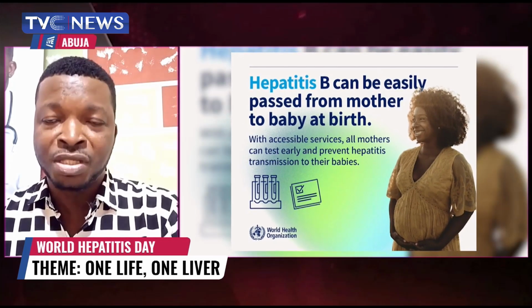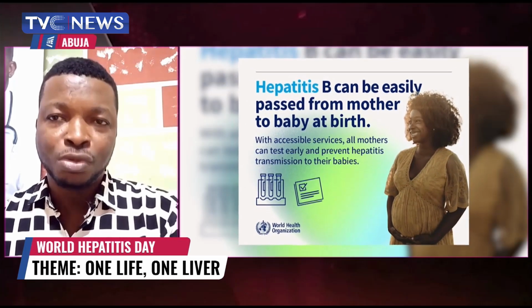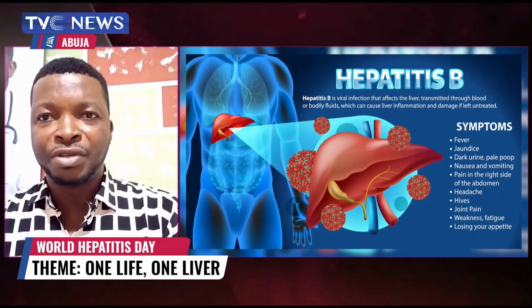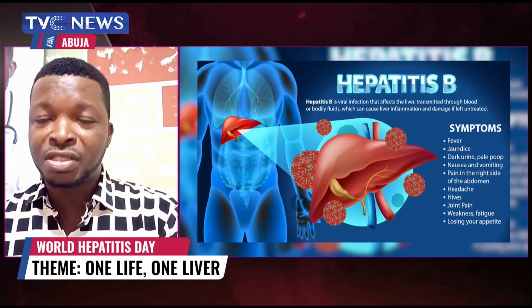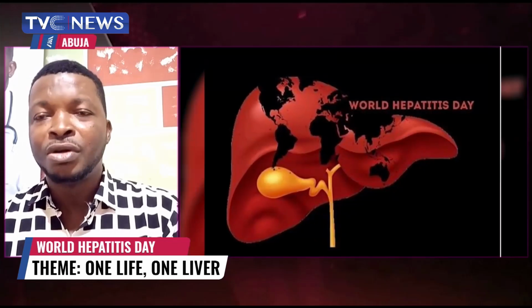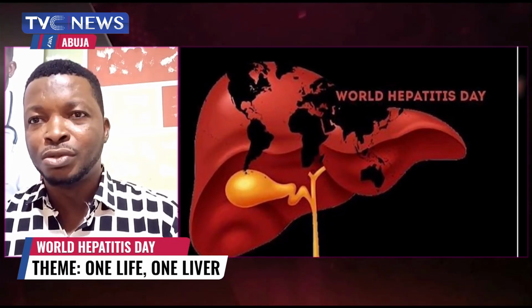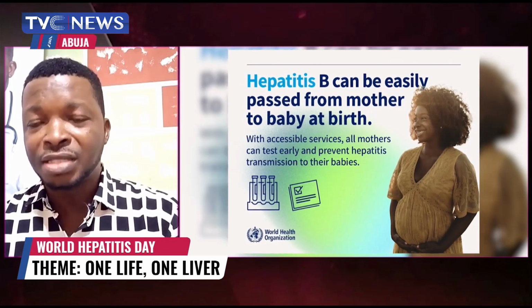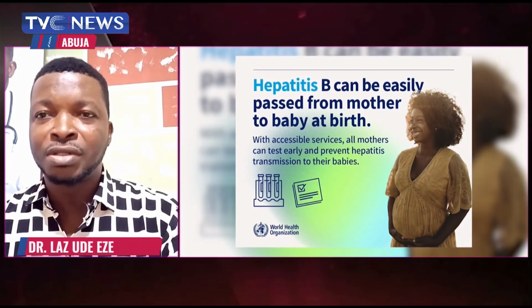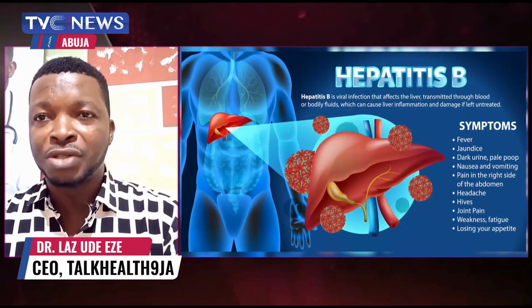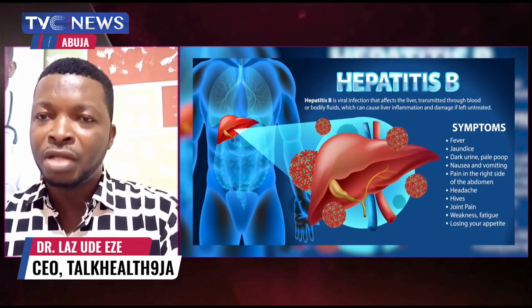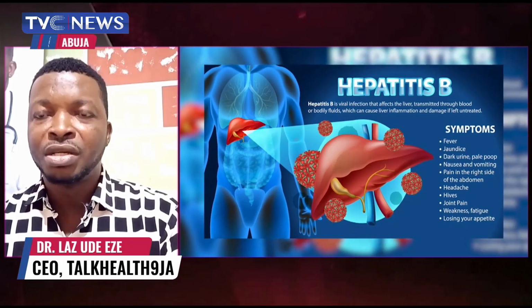So if someone screens positive, it's an indication to do other investigations. Just see a doctor who is going to guide you on next steps, because you might need liver function tests, an abdominal ultrasound, and other investigations. And if necessary, you could be given some treatment.